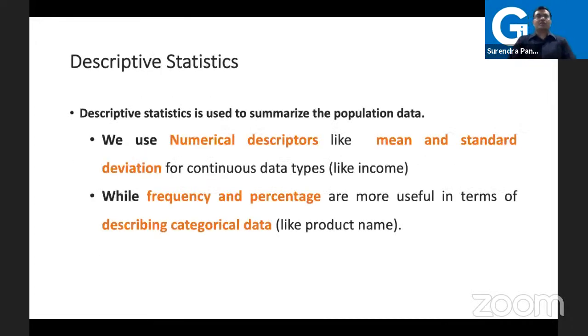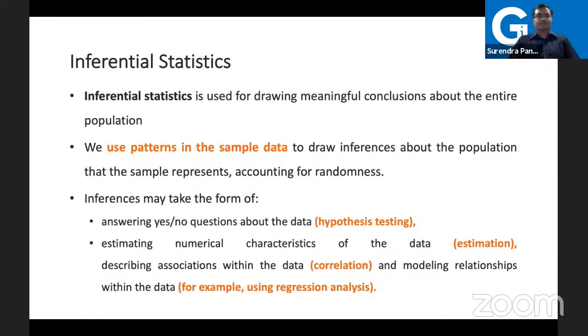Descriptive statistics is more about numerical descriptors for finding the mean value, standard deviation, and then the frequency, percentage. All this comes as a theory part here now. There is inferential statistics also, used for drawing meaningful conclusions about the entire population. So that comes as inferential statistics here.